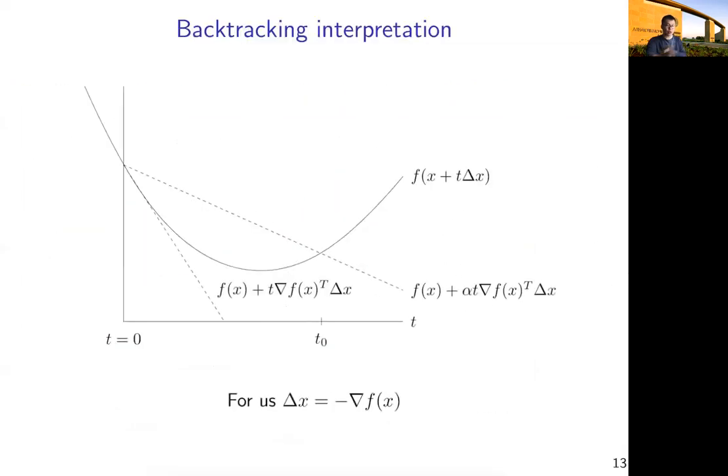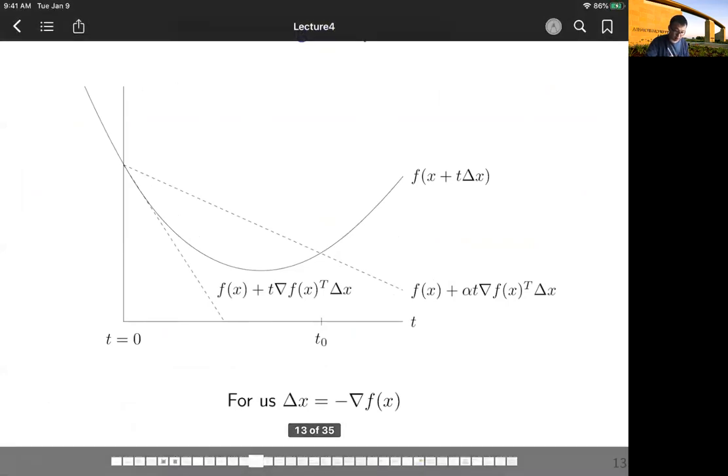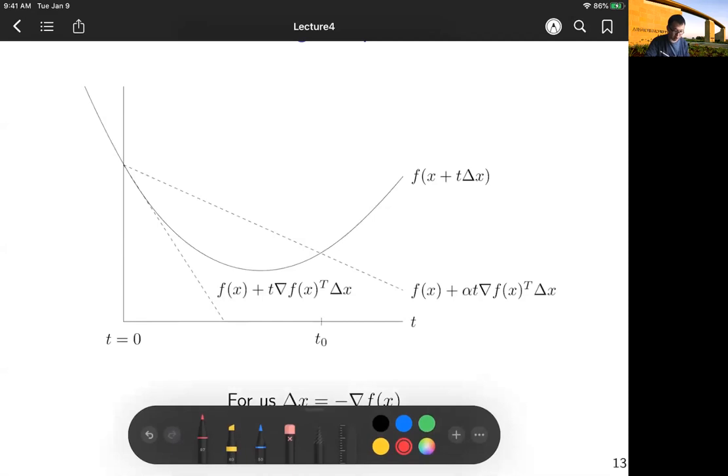Graphically, we can interpret backtracking line search using this one-dimensional figure. So think about this as a restriction of the linear approximation of the function f towards one direction. On the horizontal axis we have this learning rate t.